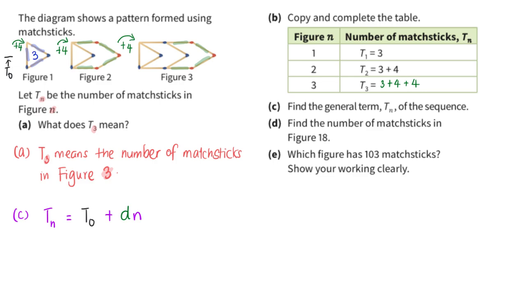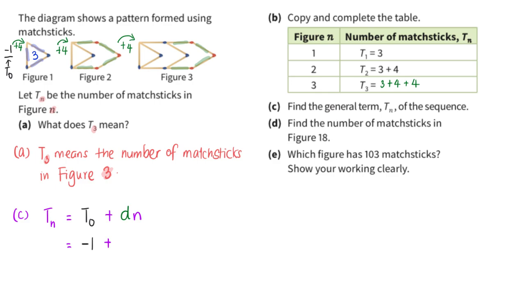So what number plus 4 gives you 3 matchsticks? Yes, -1. And therefore, I would be able to get -1 here. And I'm going to add, in this case, the common difference.